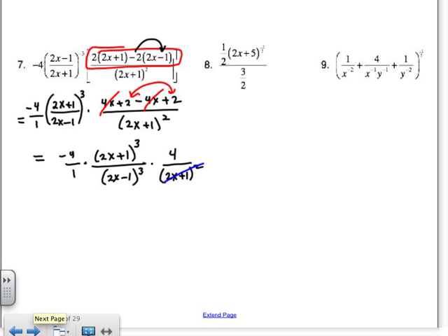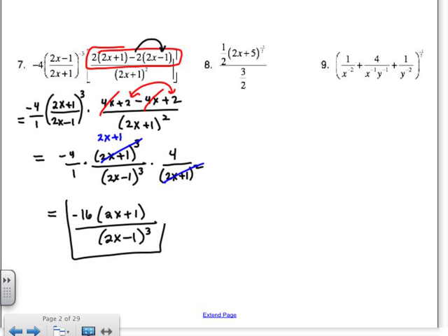So 2 are gone, and then 2 are gone. So I just have 2x plus 1 on top. So my final simplified form is -16, so 4 times 4, times 2x plus 1 all over 2x minus 1 cubed. Okay, you can leave it like that, or you could distribute the -16. It doesn't matter.